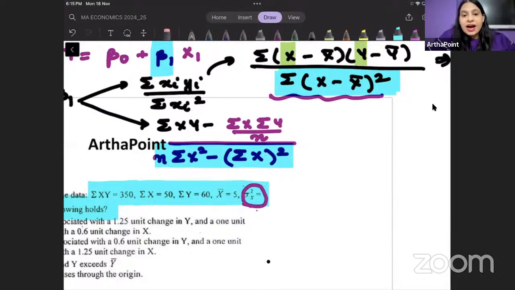I need to convert my denominator into the variance of x. Only then I will be able to get the answer. These bits and pieces of changes you need to make are what will make the question interesting for you.